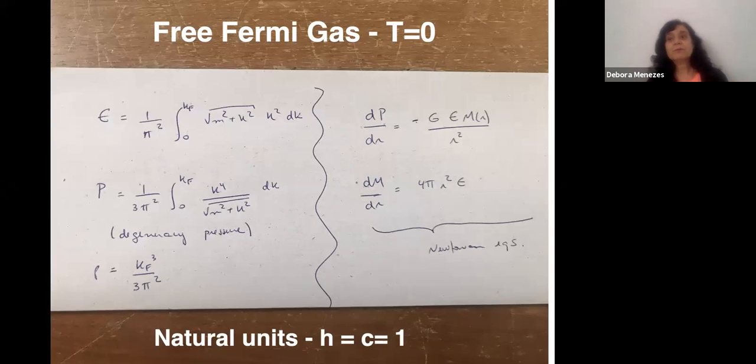So I will start from the simplest case, a free Fermi gas at zero temperature. If you look at the left, you have the energy density, the pressure, and the density of a degenerate gas.